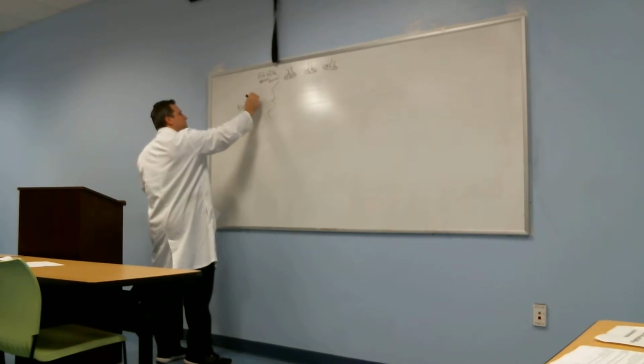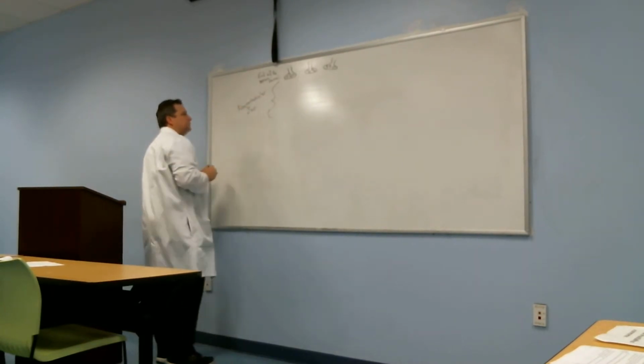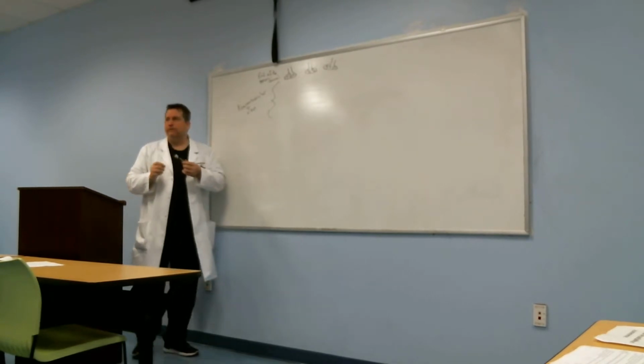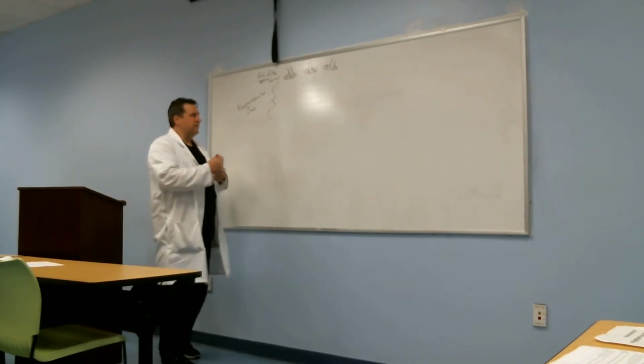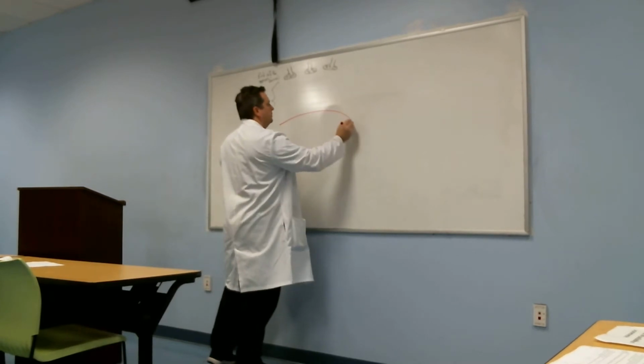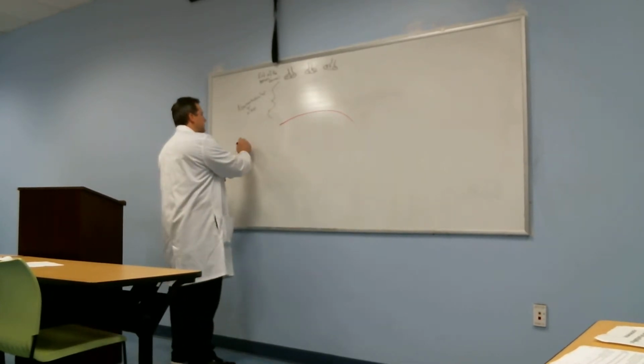This is the neuromuscular junction. In order for a muscle to contract, it has to be told to contract. The thing that tells a muscle to contract is a nerve. So we have a muscle here that will be contracting. This is a muscle.